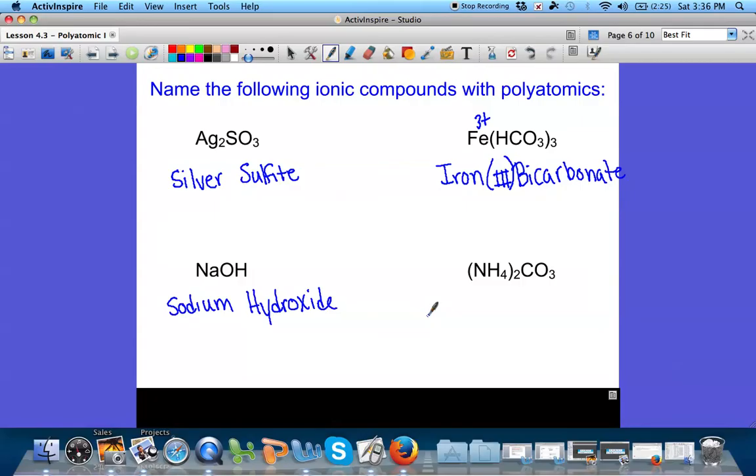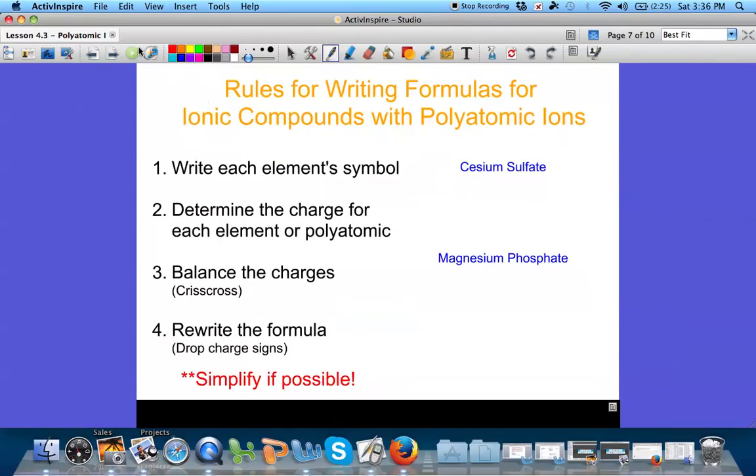And then we have (NH4)2CO3. This is ammonium carbonate. Both of these are polyatomics. So that's naming with polyatomic ions.